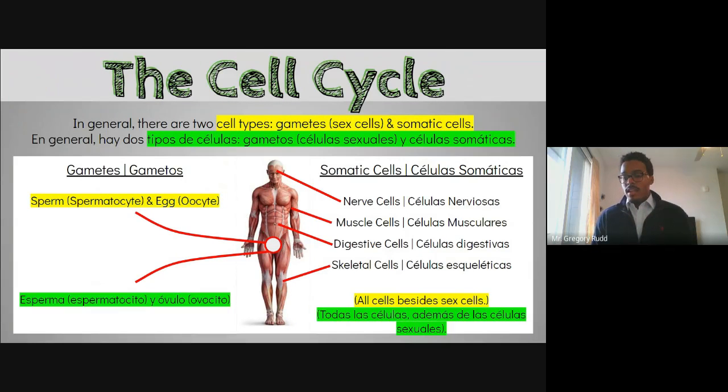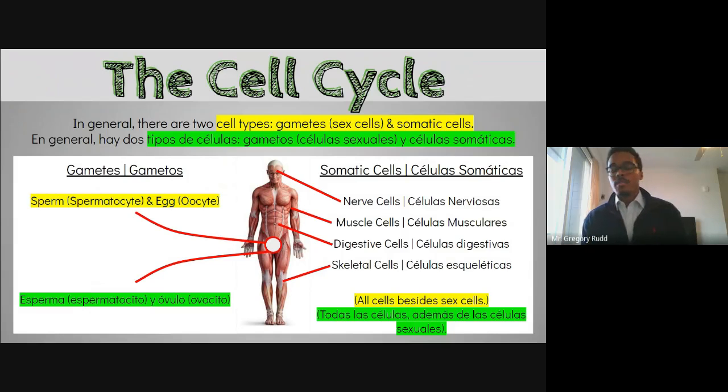When we think about the cells inside of an animal or inside of a sexually reproducing organism, there are two types. There are gametes, which are sex cells. In the case of animals, we've got sperm cells and egg cells. And then everything else is referred to as a somatic cell. So gametes are your sperm and your egg. Somatic cells are everything else.